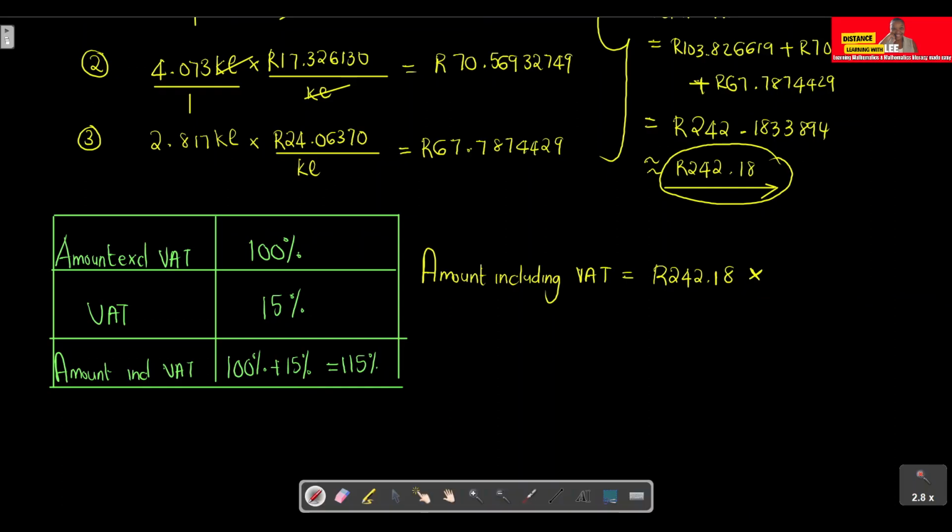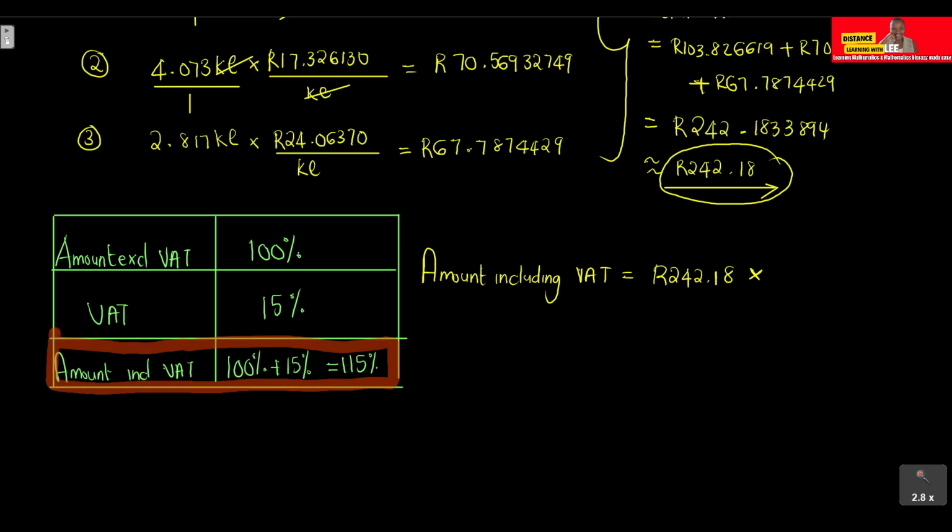We want the amount that includes VAT. We want the actual amount including VAT that John Matu pays. So we're going to multiply by what we want.